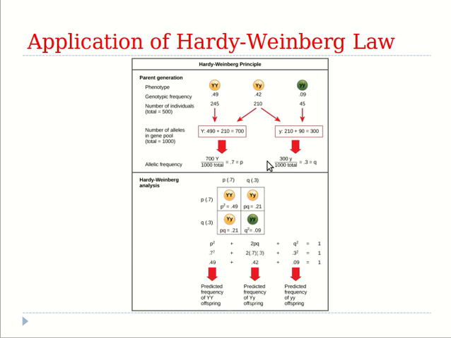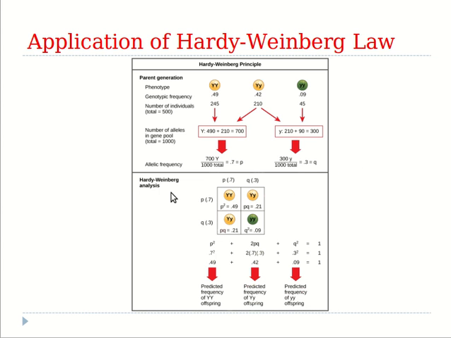And you can find that p plus q is equal to 1. This is the same whatever the proportion of genotype and phenotype. p is the dominant allele frequency and q refers to the recessive allele frequency, and when we add them up, it equals 1. Clear?